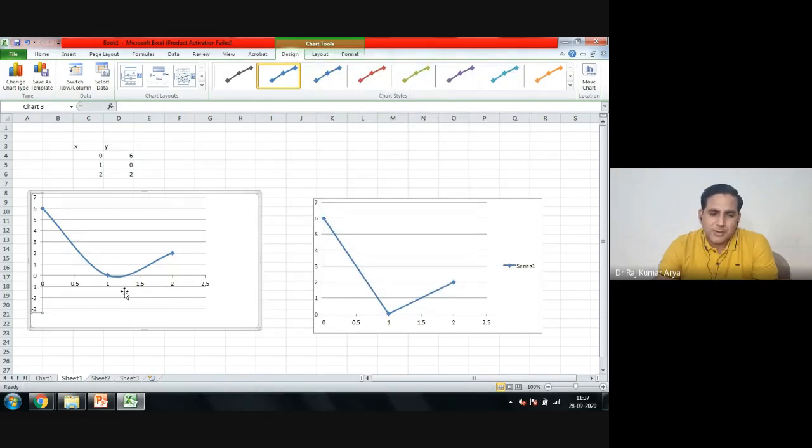So you are talking about x equal to 1.5, so it's somewhere here close to that. So your value, which is coming here as 0, also does not make much sense, because x equal to 1.5 is somewhere here, right? So 0 is somewhere here, correct? Yes, sir. Correct or not?